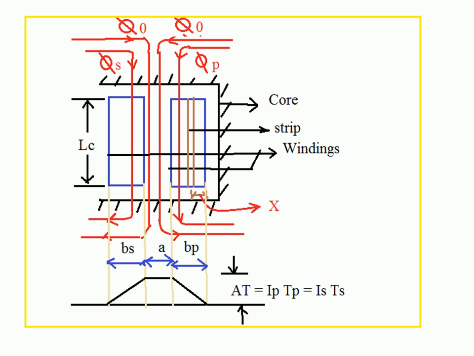This duct flux links 50% to the primary winding and 50% to the secondary winding. If phi naught is the duct flux, phi naught by 2, that is 50% of phi naught, links to the primary and 50% of phi naught links to the secondary. That is the meaning here. The ampere turns of the winding go on increasing from one end to the other end. That is shown in the lower part of the diagram.